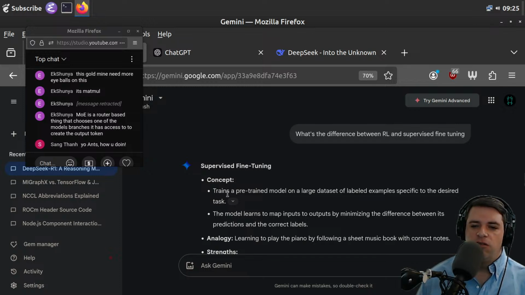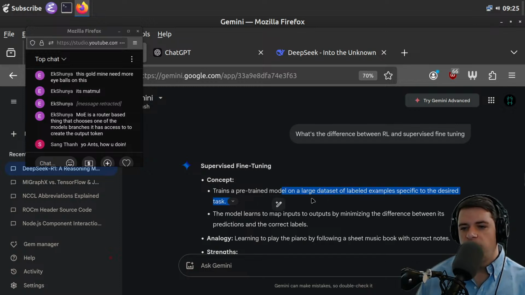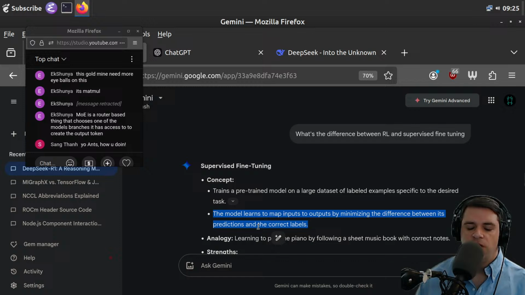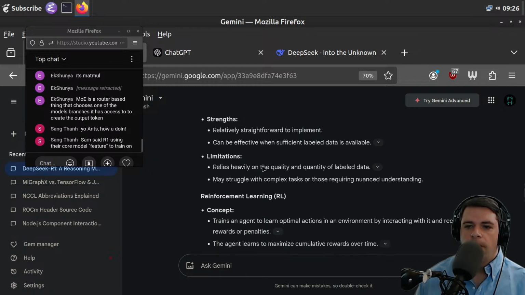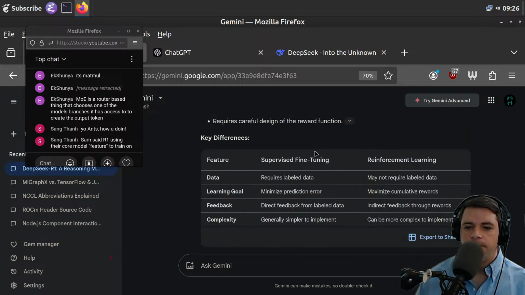So supervised fine-tuning trains a pre-trained model on a large data set of labeled examples specific to the desired task. The model learns to map inputs to outputs by minimizing the difference between its predictions and the correct labels. It's like learning to play the piano by following a sheet music book with correct notes. It's straightforward to implement, can be effective with sufficient labeled data, blah, blah, blah.